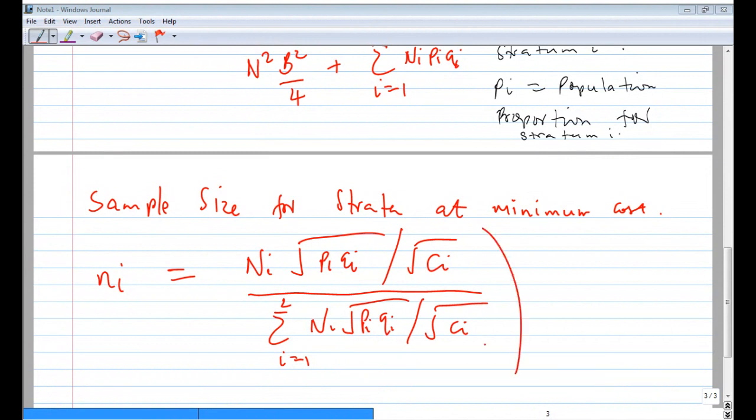Then, because this is the sample size for each stratum, you multiply by the overall sample size n.